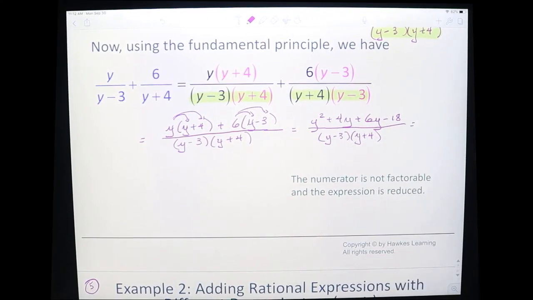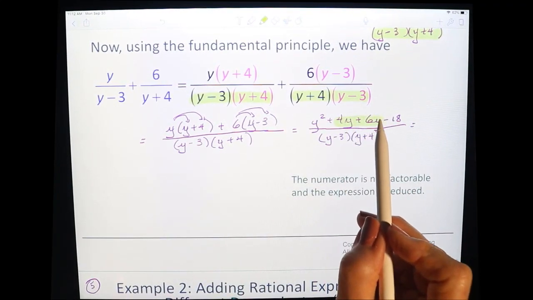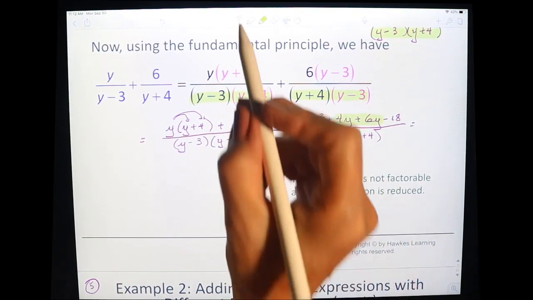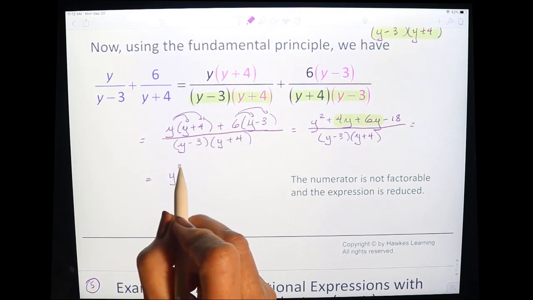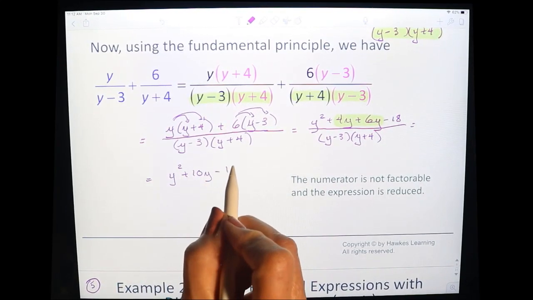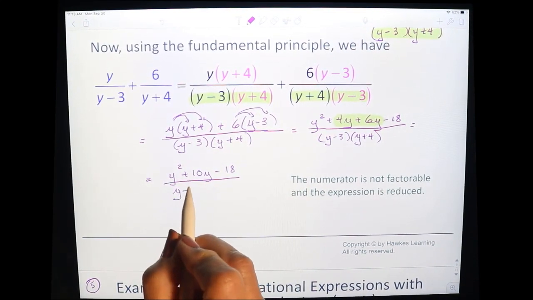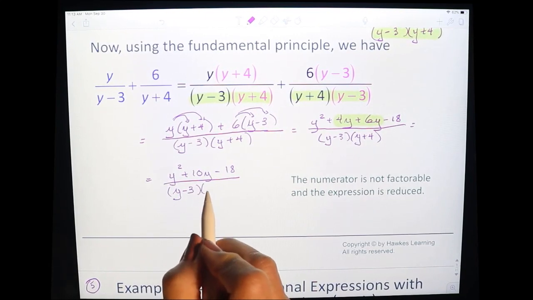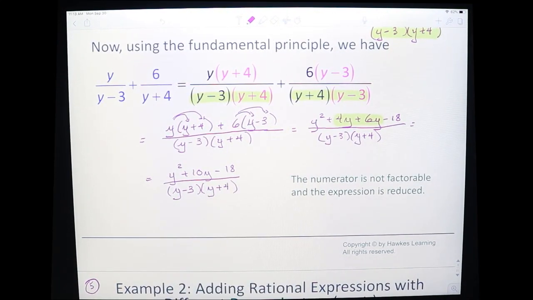Okay. So now in the numerator, I see a couple of things here that are common. I see a 4y and a 6y that are like terms. So I'm going to combine those. Again, just keep copying down that denominator.